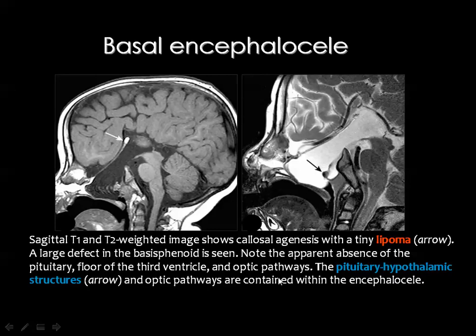This is what we call a basal encephalocele, where there is herniation of CSF through the posterior part of the cribriform plate of the ethmoids, and through the defect the pituitary stalk as well as the pituitary gland are also seen herniating.